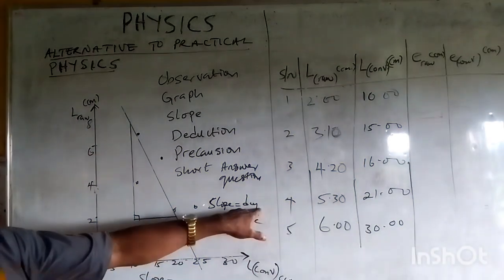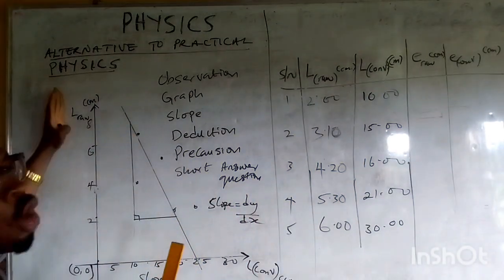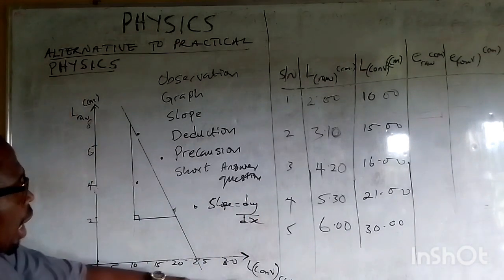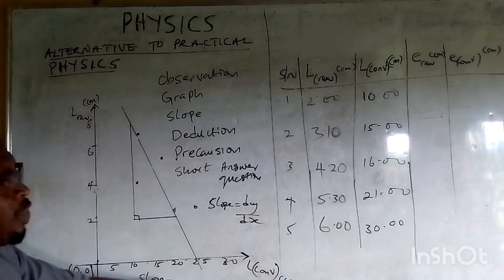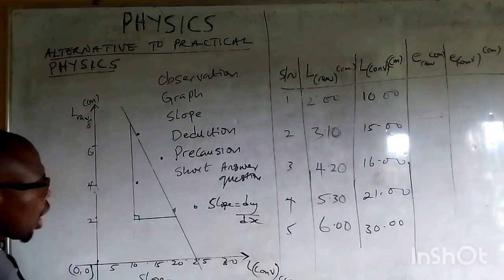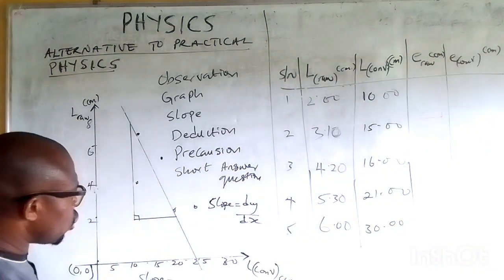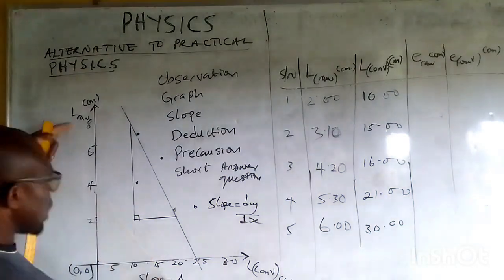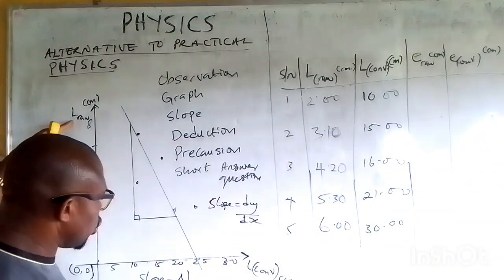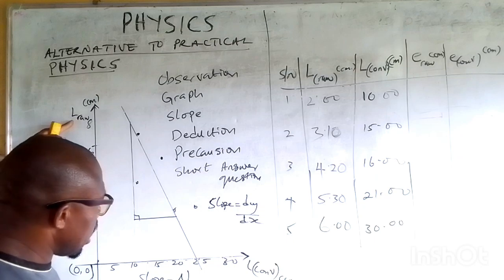Always use the values on your vertical axis, and then against the change in whatever value you have on your horizontal axis. For example, if I have this, all I need to do is slope is equal to change in length raw all over change in length.